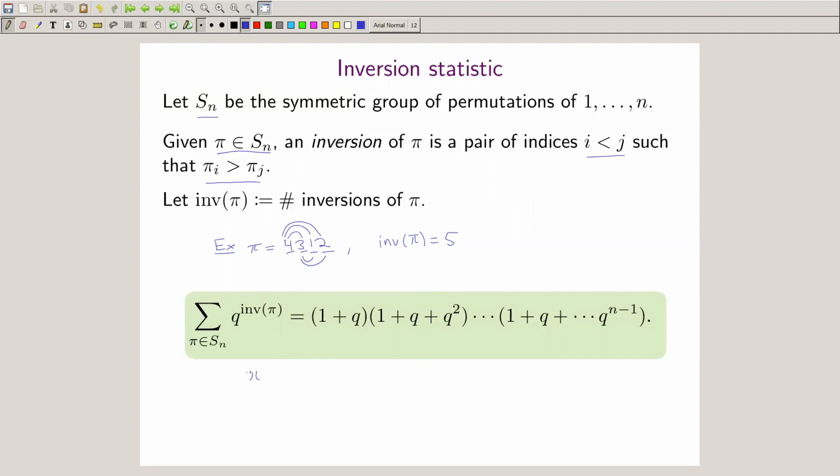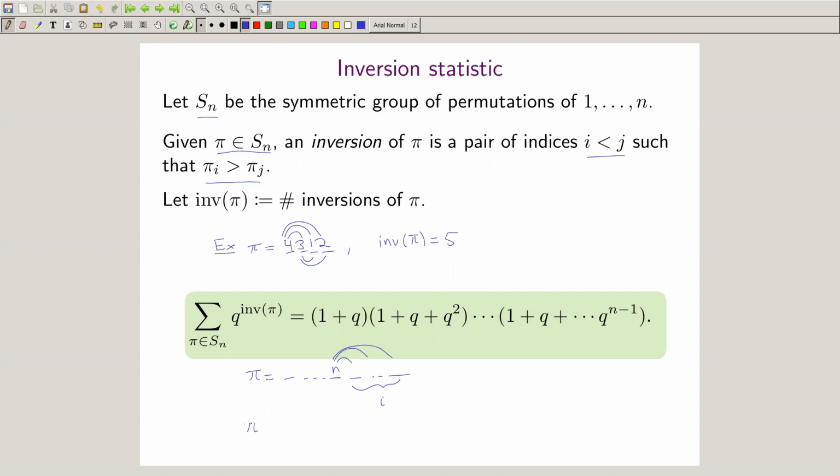So if you write pi in one line notation and look at the position of n, say there are i letters to its right, then n will form an inversion with all of those letters to the right of it.